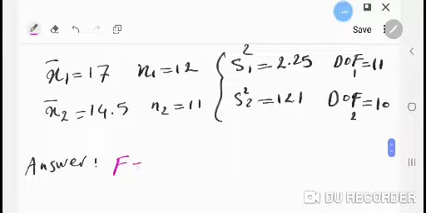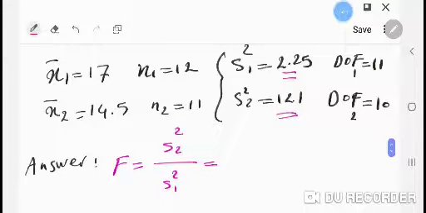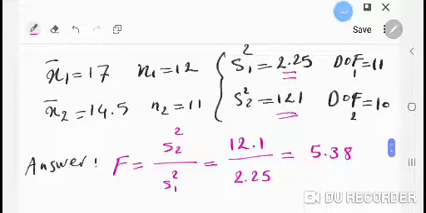F is equal to the greatest variance of the sample, S2, because this is greater than this. Therefore F is 12.1 divided by 2.25, which is equal to 5.38.